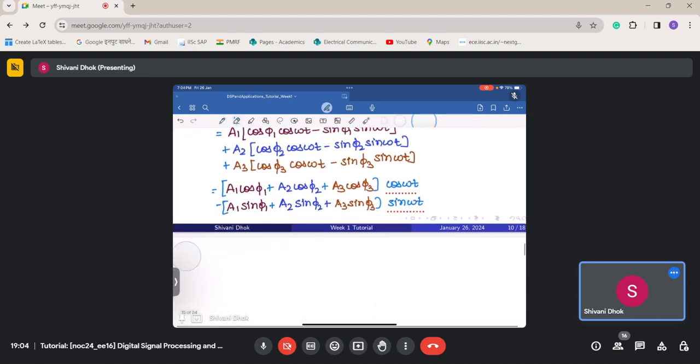So this xt, in a concise way, we can write as summation i equal to 1 to 3 of ai cos phi i into cos omega t, minus summation i equal to 1 to 3 of ai sin phi i into sin omega t.